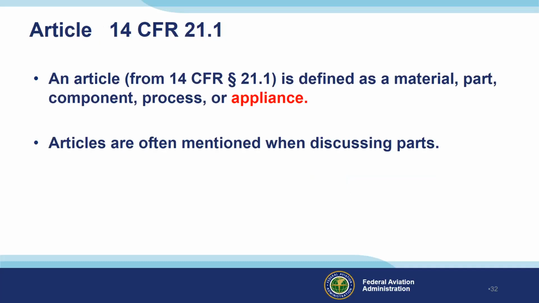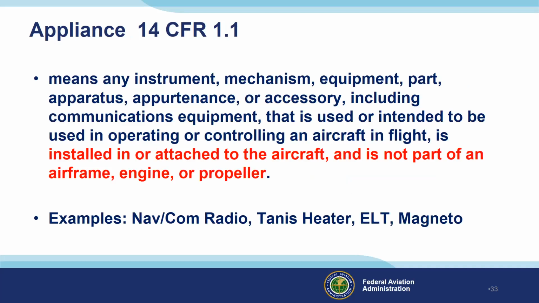Article, the word article is often used when discussing parts. Appliance is a very important one for IAs. It's any instrument, mechanism, equipment, part, apparatus, accessory that is installed in or attached to the aircraft, but it's not part of an airframe, engine, or propeller.